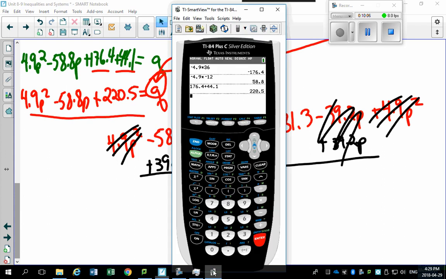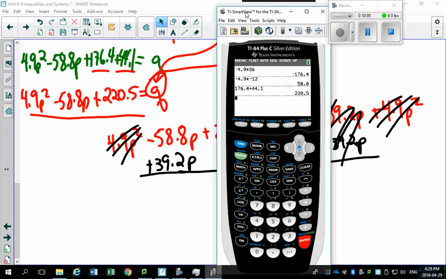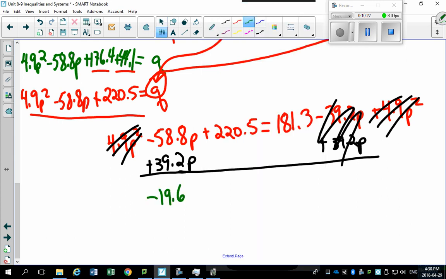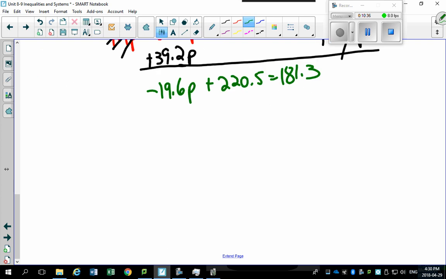And if you're like me right now and you're overwhelmed by this and you're a little tired, just plunk it into your calculator. 58.8 plus 39.2, and look what you get. Minus 19.6. So this is minus 19.6p plus 220.5 equals 181.3, and all you have to do now is continue solving.